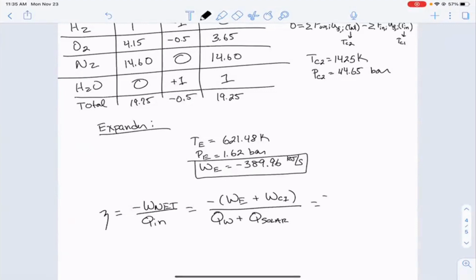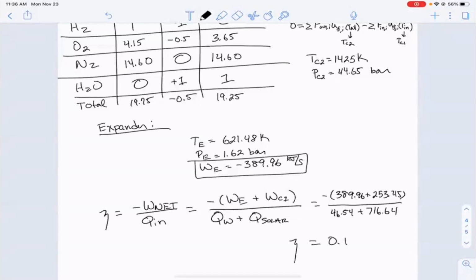And so that's equal, if you take our numbers, to minus 389.96 plus 253.45 divided by 46.54 plus 716.64. And that is an overall efficiency equal to about 18%.